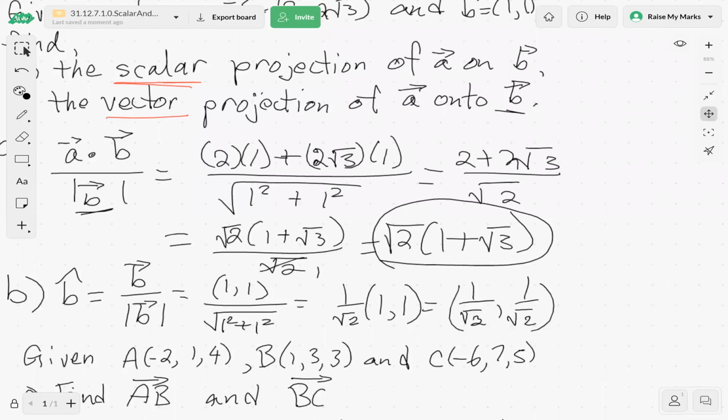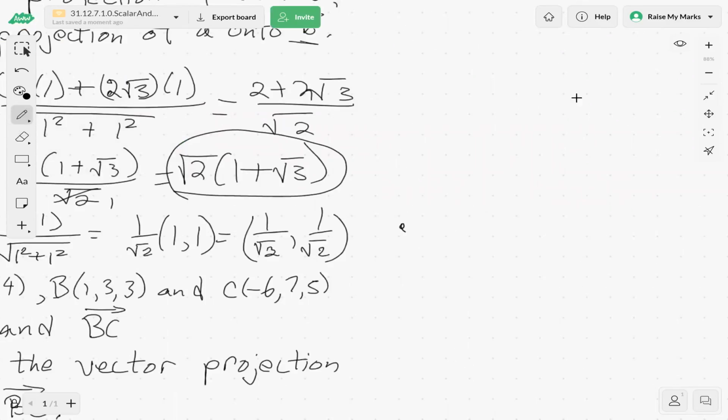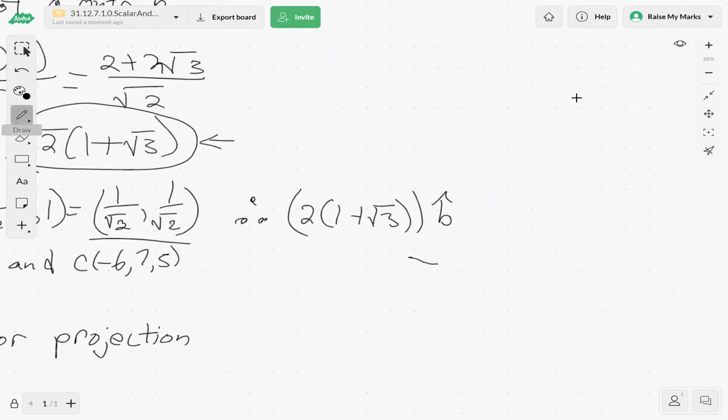So let's just scroll over here, finish this question off. Therefore, this vector projection is the magnitude that we found in A times our unit vector. So let's put that in, root 2 times 1 plus root 3, in brackets, times this B hat. Okay, we'll just plug it all in. I think I forgot a square root.